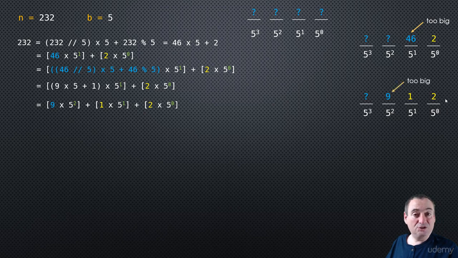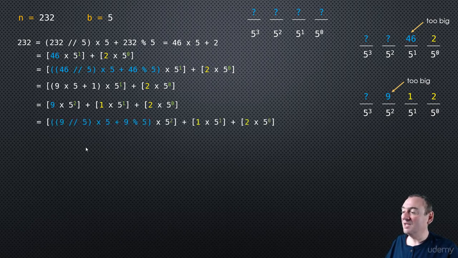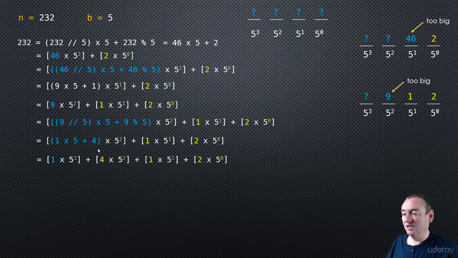But again, 9 is too big for base 5. So let's do this again. We're going to keep going. So 9 div 5 times 5 plus 9 mod 5 times 5 squared. We calculate that out. We get 1 times 5 plus 4, times 5 squared. If we expand that, we get 1 times 5 cubed plus 4 times 5 squared plus the remaining terms of the expression.